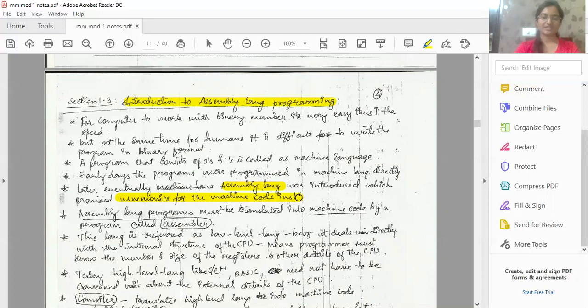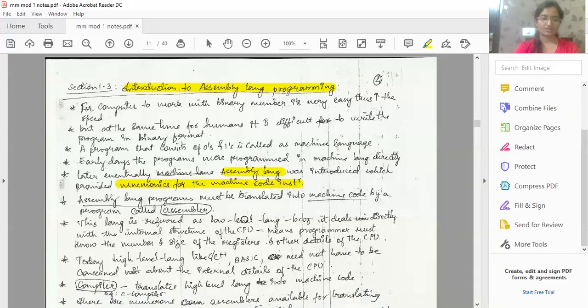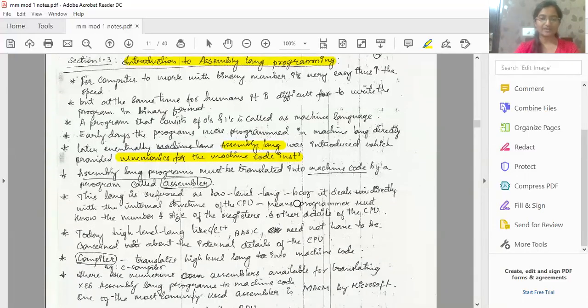But what was the condition in assembly language? The programmer has to know the number and the size of the registers. We have already experienced this in 8085: when we wrote programs, we would know the size of the registers, and in each instruction we would make sure that the register used is valid, and the instructions used are valid with those registers.